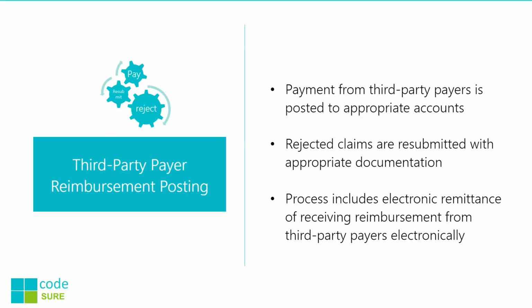Third-party payer reimbursement postings are made once the payment is received. This posting represents revenue to the healthcare provider. Rejected claims are resubmitted at this point with modified documentation to support the claim. This process includes electronic remittance, or receiving reimbursement from third-party payers electronically.